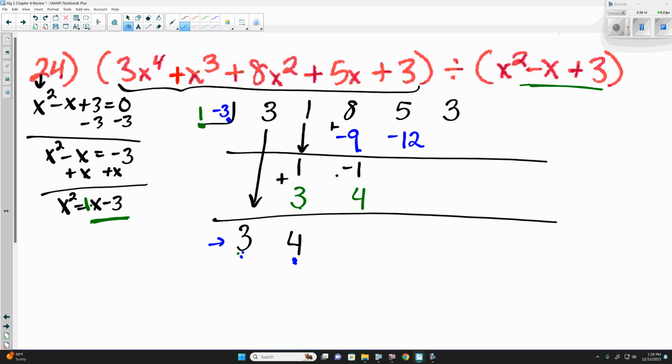Negative 3 times 4 is negative 12. The first number goes with the bottom line. The second number goes with the line higher up. And then we add again. Negative 1 plus 4 is 3, 5 plus negative 12 is negative 7.